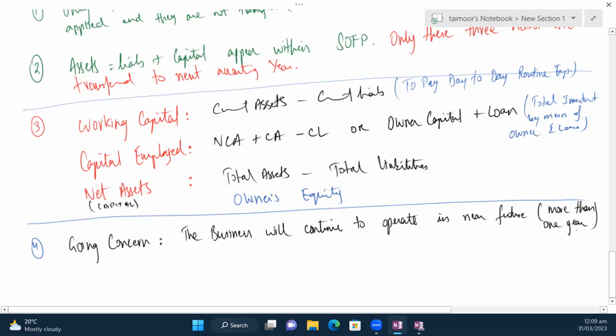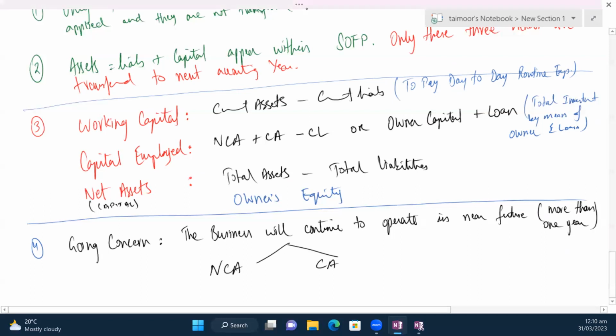Neither you have an intention nor your financial position is that bad that the business will vanish. Okay? So your financial position is good enough to continue for more than 1 year, number one. Number two, you have an intention to continue your business for more than 1 year. Okay. So because of going concern concept, आप distinction करते हैं. You categorize assets as non-current assets and current assets.